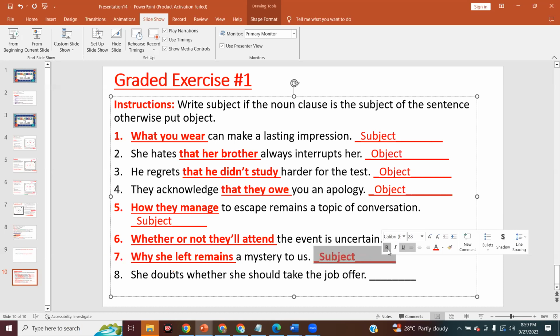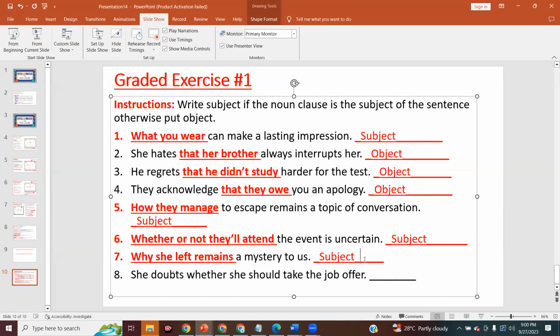Excuse me, Mr. Petit, could you repeat what you told me so I could make a note of it, please? Okay. So if the relative pronoun or the subordinating conjunction comes before the verb, then it is subject. So again, if the relative pronoun or the subordinating conjunction comes before the verb, then it is subject.